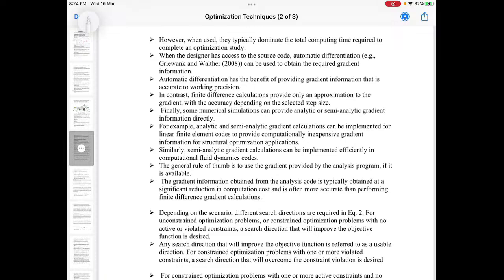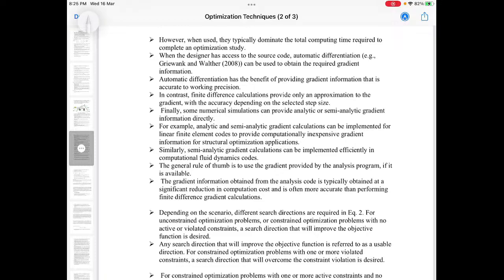Okay. So here we were discussing the differentiation. Automatic differentiation has the benefit of providing gradient information that is accurate to working precision. In contrast, finite difference calculations provide only an approximation to the gradient, with accuracy depending on the selected step size.